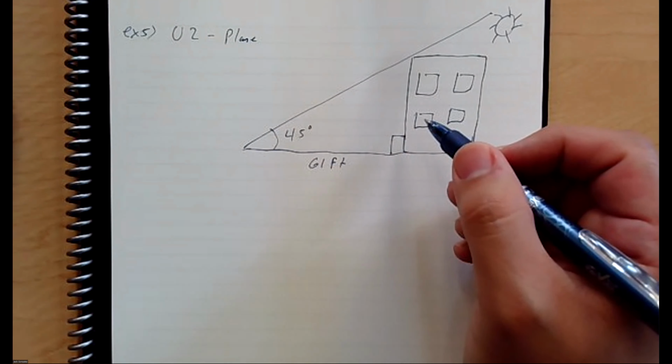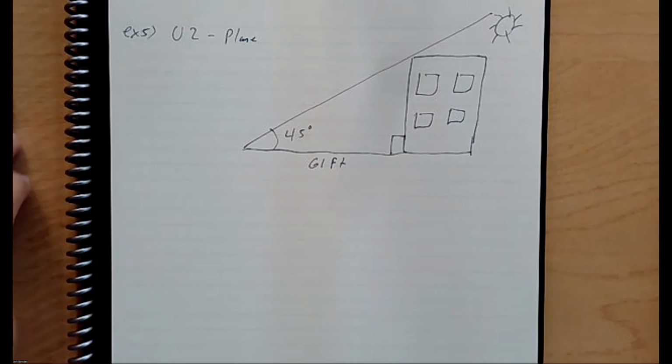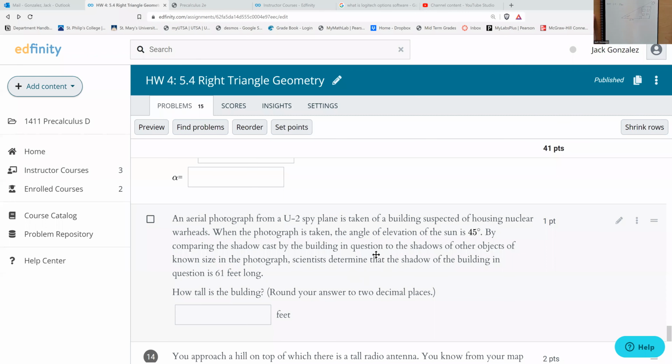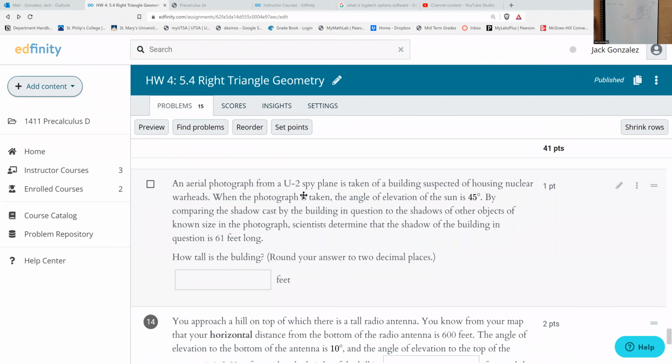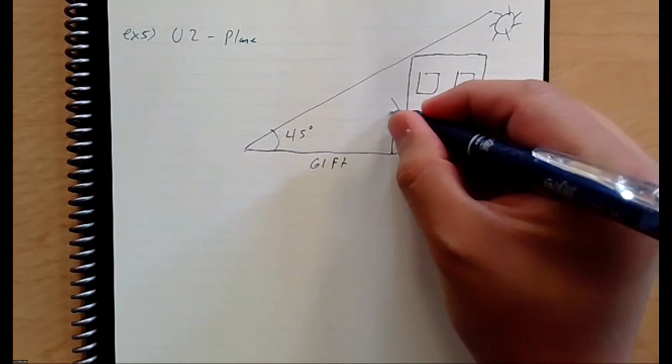Okay. Does that make sense? To just read it over and over again until you get a picture. And it just takes some practice because it's sometimes difficult to visualize. How tall is the building? So now that we have all this information, let's call it the height x.